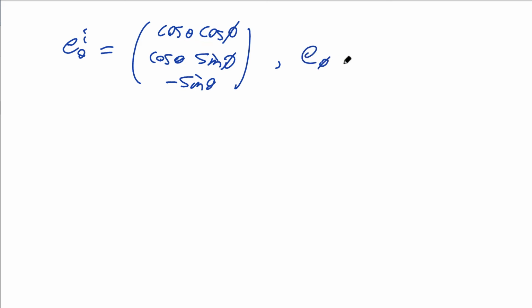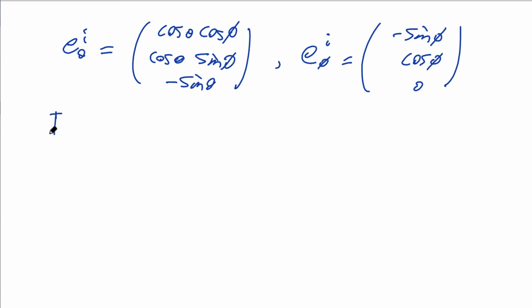And for e phi, we have minus sine phi, cosine phi, and 0. So these are the x, y, z, or 1, 2, 3 components of these basis vectors. And now we compute the components of I bar TT in this basis.